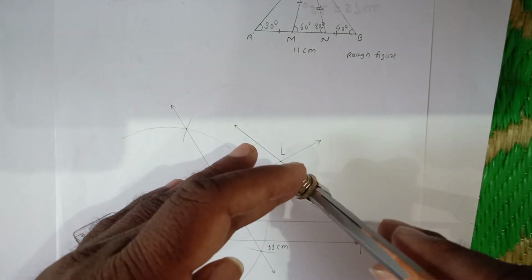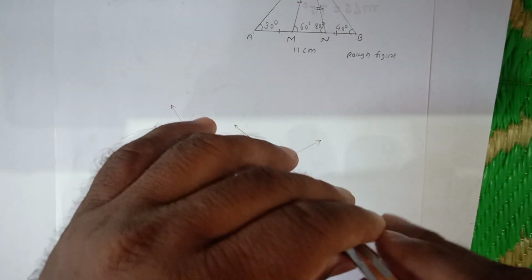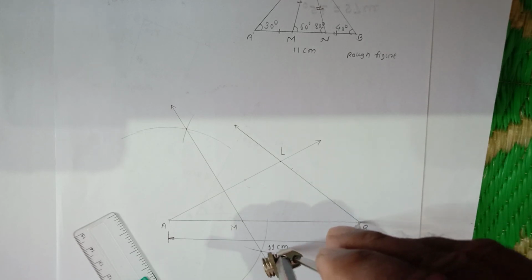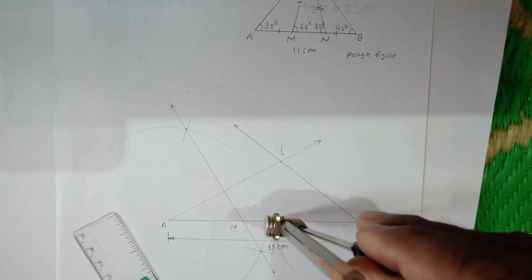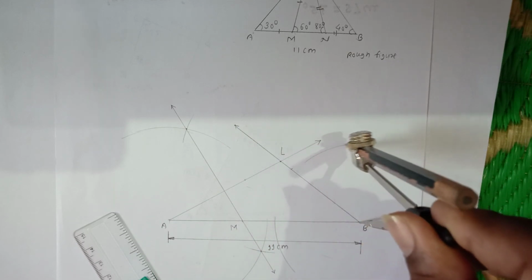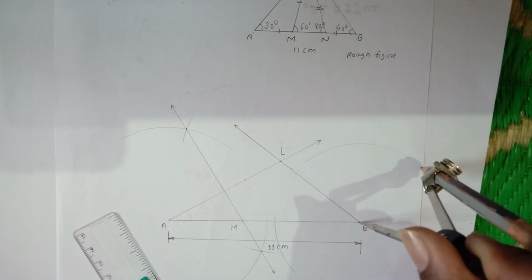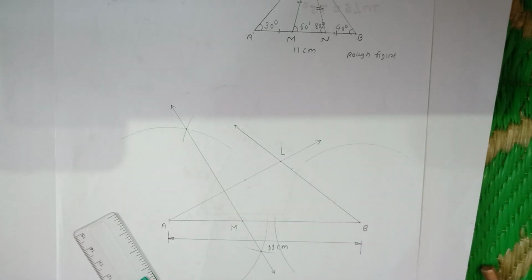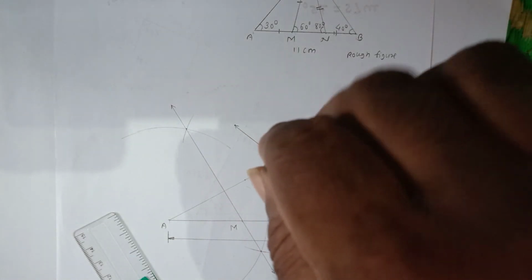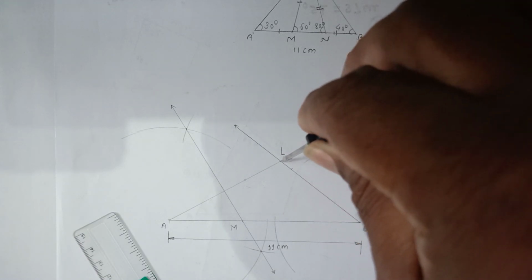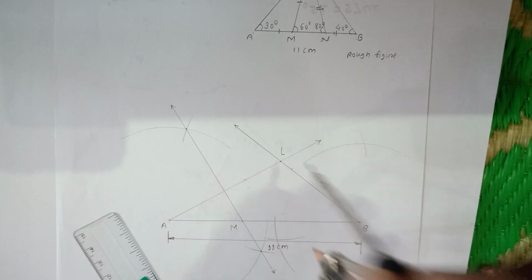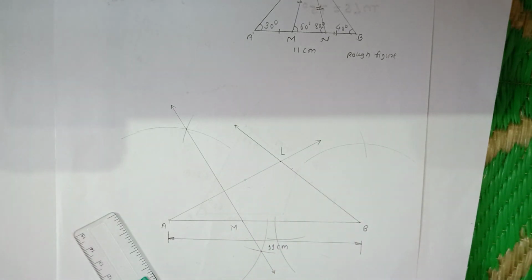Now draw the perpendicular bisector of BL. Take more than half of distance of BL in a compass. Put compass at point B. Draw the 2 arcs on both sides of BL. Now put compass at point L and draw 2 more arcs on the both sides of BL.